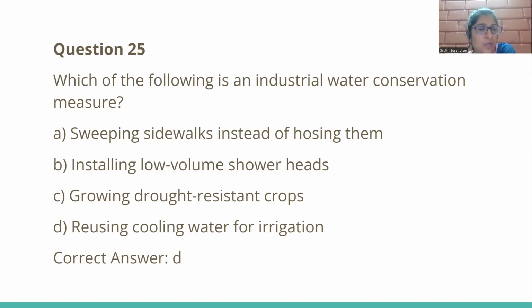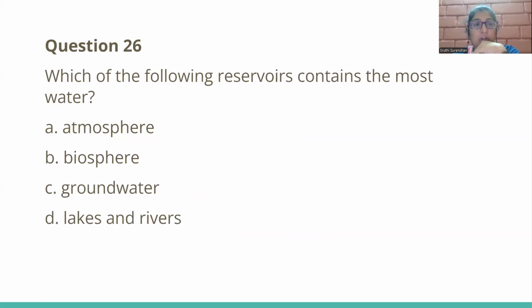So we can use that cooling water and reuse this water that has been cooled. Generally, they are thrown off. Instead of that, it can be used for irrigation. So that is one industrial water conservation measure.